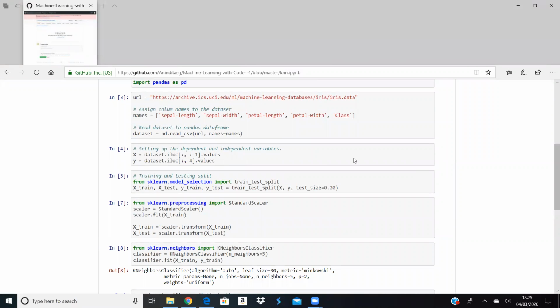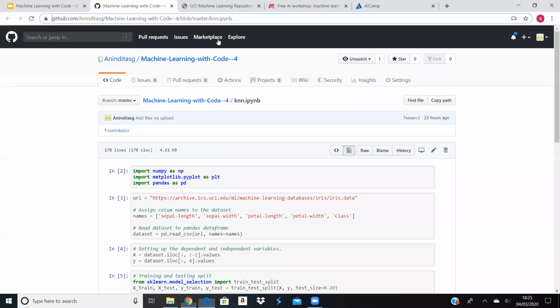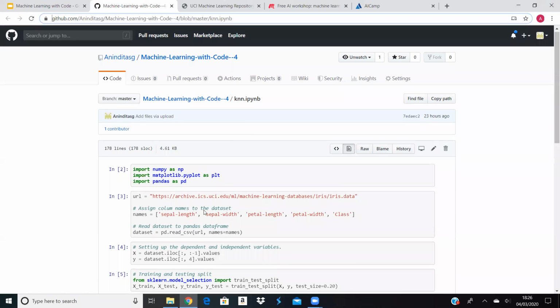So we can just start looking at the code and we can execute it in our systems one by one. The first thing that we really need to read this data is to import the correct packages. So we need NumPy for storing the results and dividing the test and train data, and we need matplotlib to visualize it, and pandas.